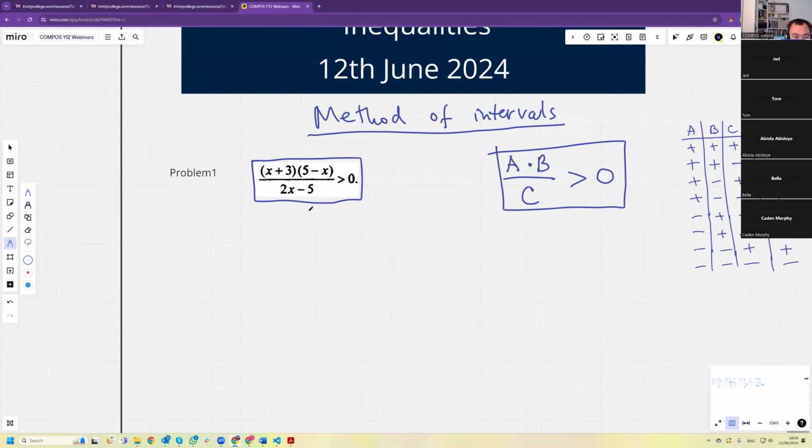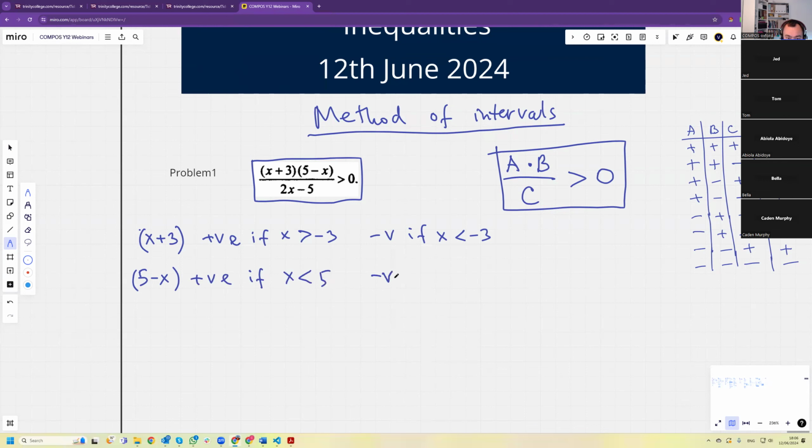I clearly see that x plus 3 is positive if x is greater than minus 3, and negative if x is less than minus 3, right? Similarly, 5 minus x is positive if x is less than 5, and negative if x is greater than 5.